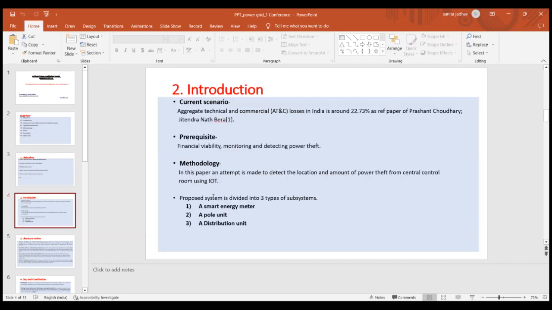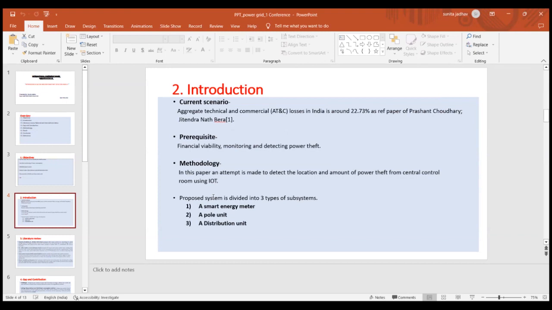In India, the current scenario is that in distribution systems, the aggregated technical and commercial losses are around 22.73%, as per the paper from Prashant Chaudhary. So to minimize the losses, it's essential to reduce the thefts in the distribution system. The methodology used in this proposed system is based on IoT, and it is divided into three parts: smart meter, pole unit, and distribution unit.